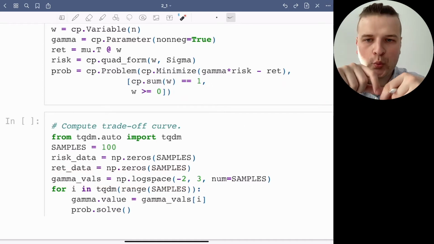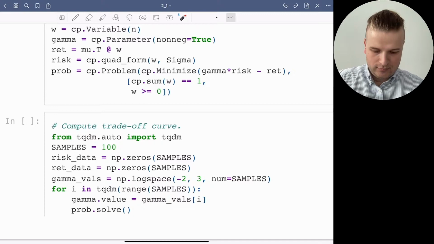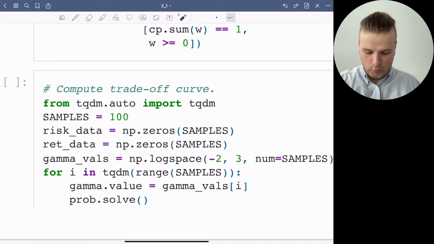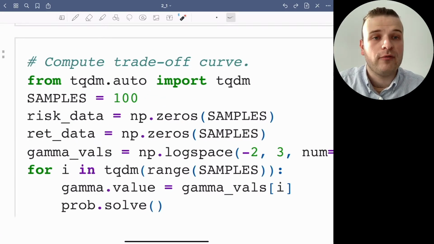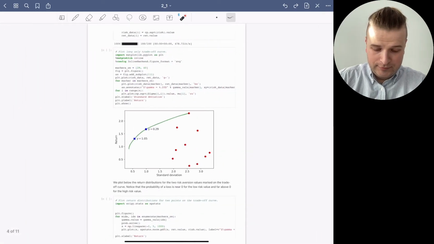And we are enumerating through this array and solving each problem. So we set the value of gamma and then we solve a problem. Okay, let's go.